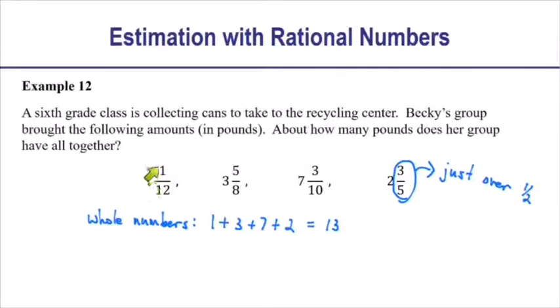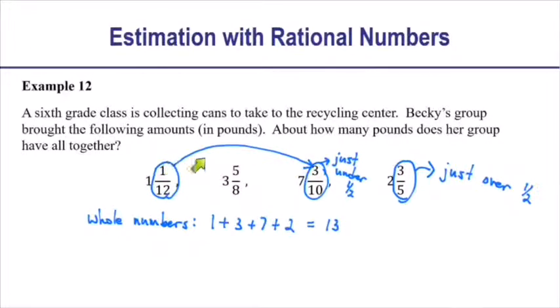Now, if you look at this fraction, it's very small. This is less than 1/10. If you add this fraction and this one together, you couldn't have any more than 4/10 because this is less than 1/10. So 3/10 plus something that's smaller than 1/10 gives us 4/10. So even if we add these two together, that's still under 1/2.